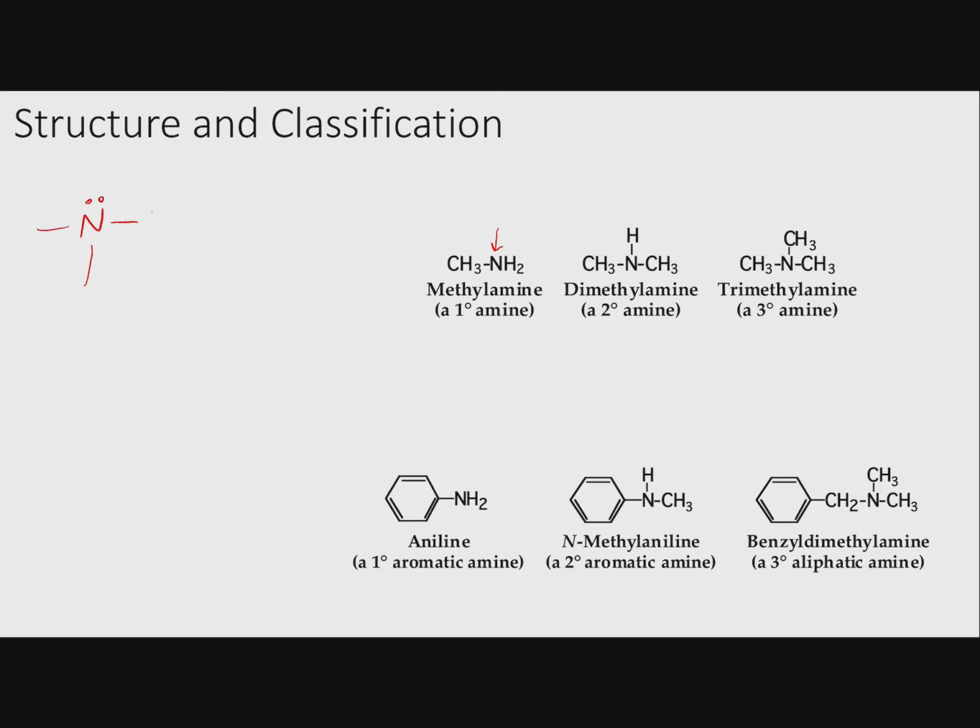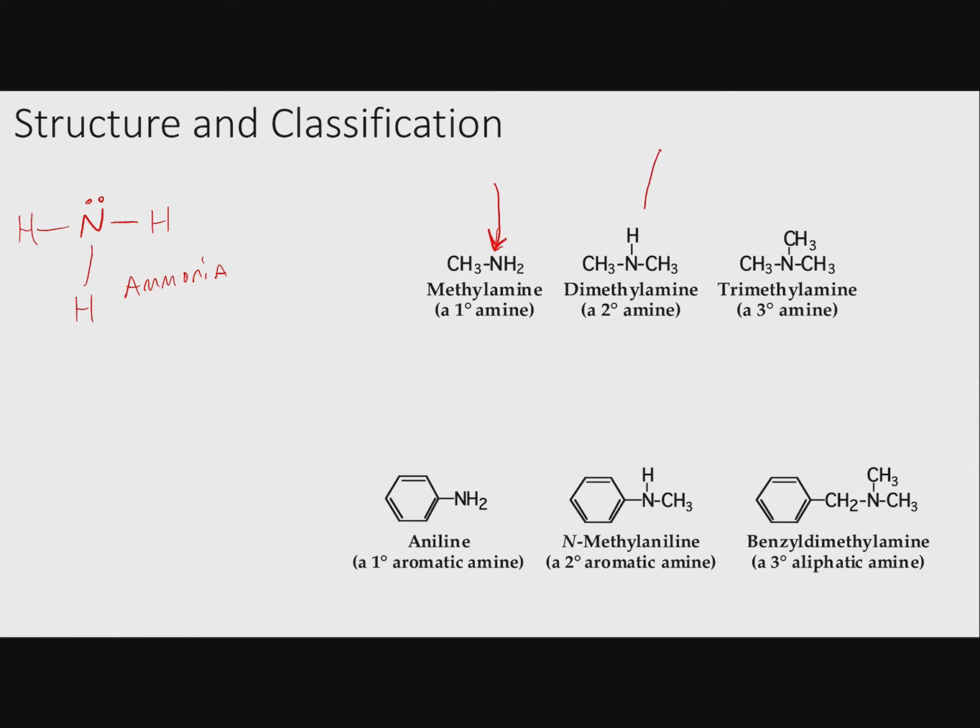Now, the simplest, I guess we wouldn't call it an amine, but when we stick all the hydrogens on there, we call this ammonia. So this is ammonia. Now, replacing one of those H's with a carbon gives us our amine, and that's what we have here. So a primary amine has only one of the nitrogen's H's replaced with an alkyl group.